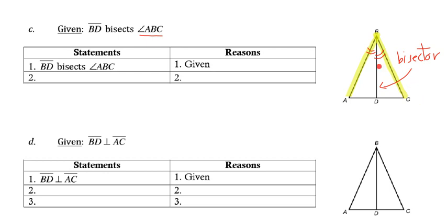The two angles that we get that are congruent, it's angle ABD and angle CBD. So the first statement is already written. BD bisects angle ABC, and that's given. The result from this is that angle ABD is congruent to angle CBD. Again, I'm writing based on the correspondence.